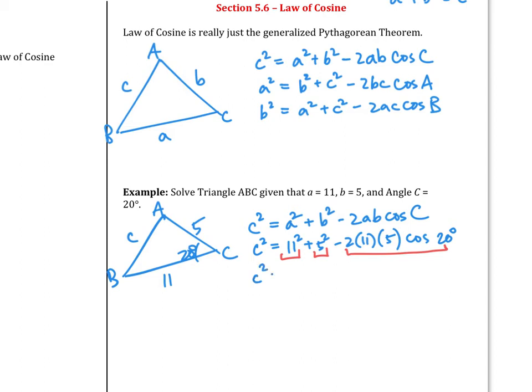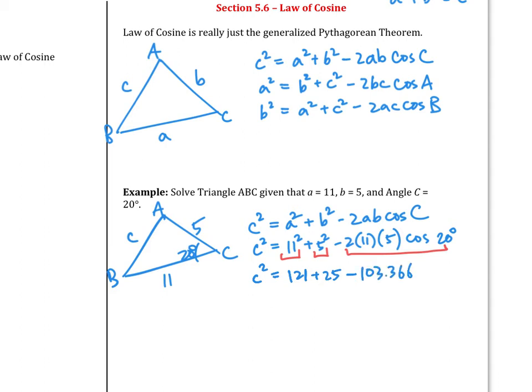Please maybe just write it out. So for example, I will probably write 121 plus 25 and then minus, and then I put that whole thing in the calculator just to double check what that number is before I plug everything together. All right, so let's go ahead and do that. Okay, now let's put that in the calculator.